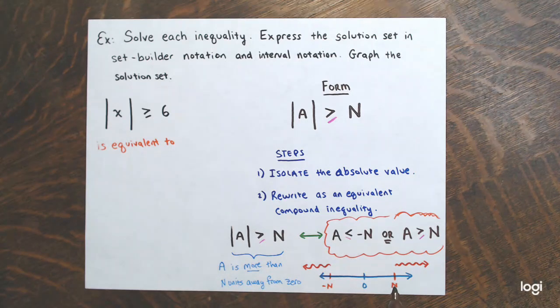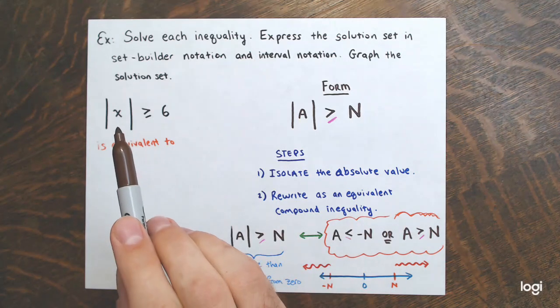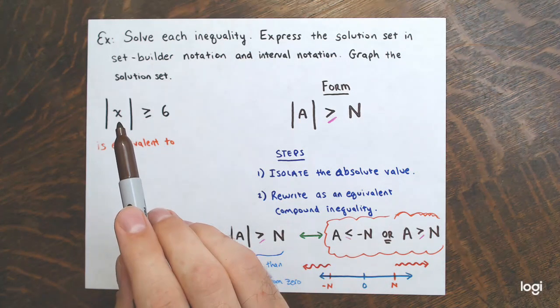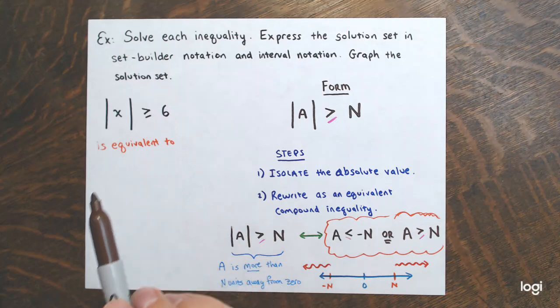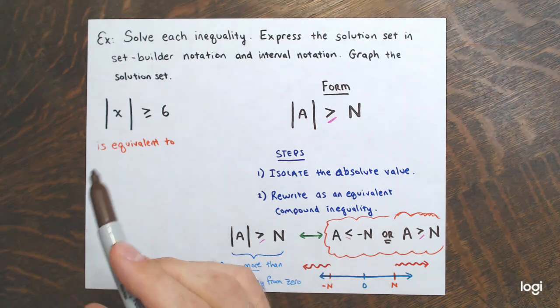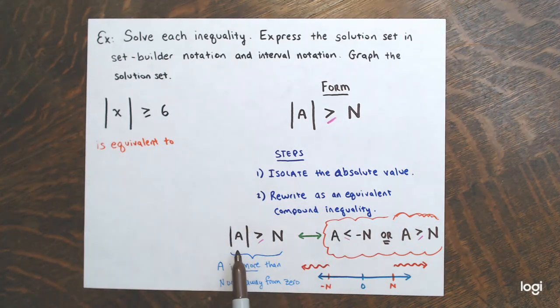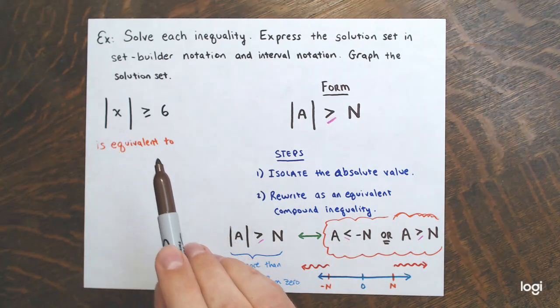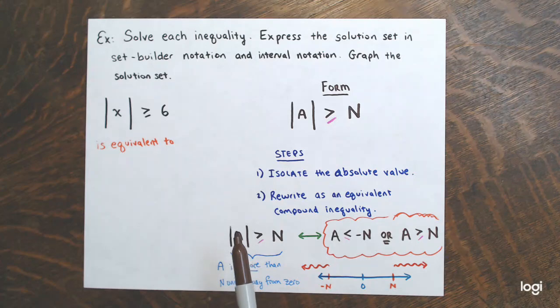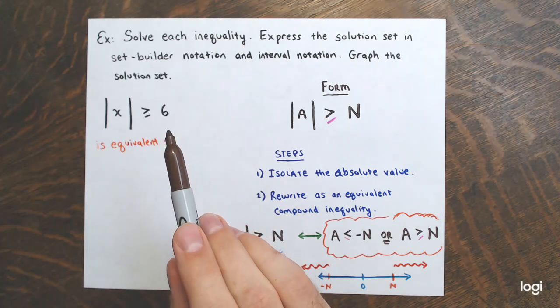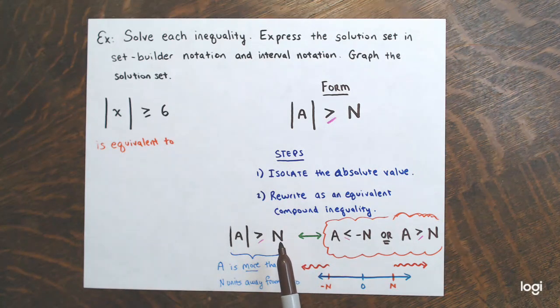So imagine the n here and negative n, that's 6 and negative 6. 6 is 6 units from 0, negative 6 is 6 units from 0, and the value of x that we need to plug in has to be more than that 6 units away from 0. Now you could just have this memorized if you want. The x is like the a, and the 6 is like the n.